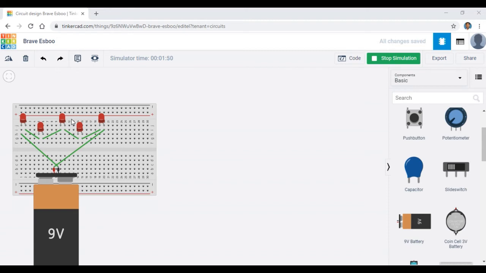Okay, 7.2 plus 1.8, 9 volts. Exactly, the 9 volts is divided in equal amounts, 1.8, 1.8, 1.8, like this for all the 5 LEDs. The voltage is distributed. So in series connections, the voltage is always distributed.